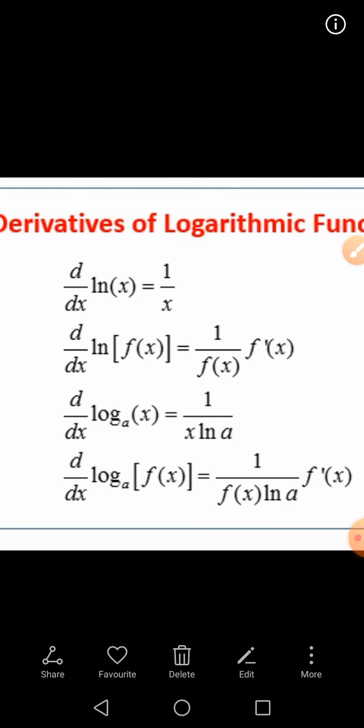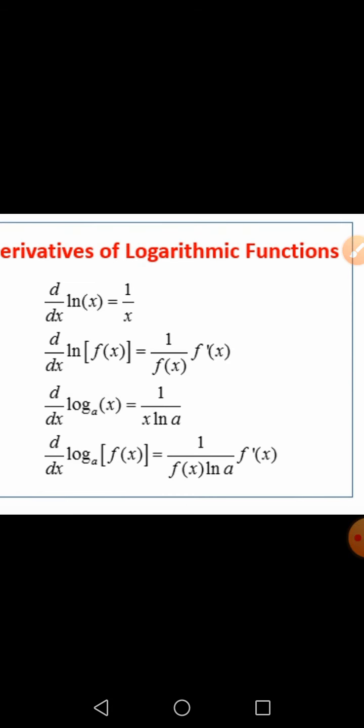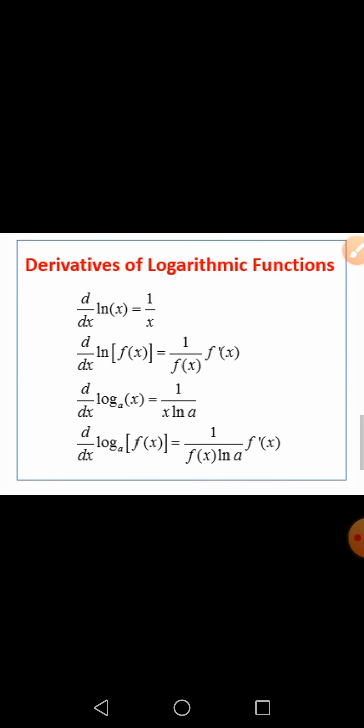If it's log base a of a function, it will be 1 over this function times ln a, multiplied by the derivative of this function. You can't solve any of these derivatives if you didn't know these rules.